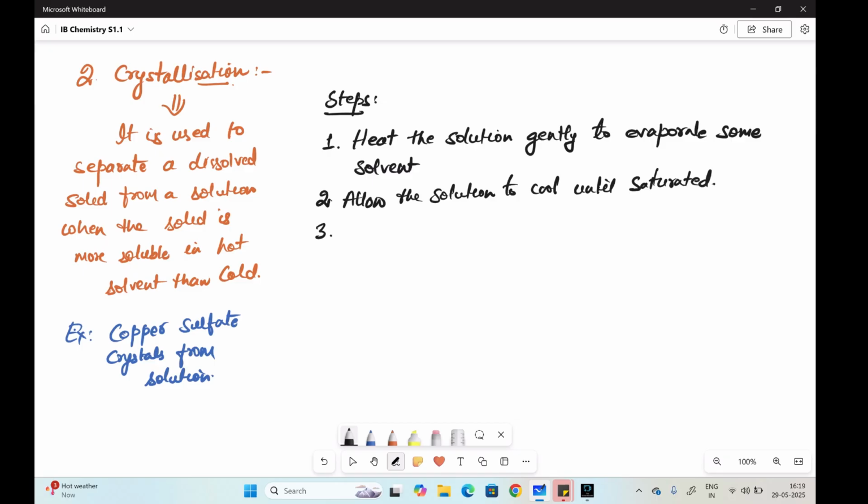Next, test saturation by using a cold glass rod, right? Then you have to leave the saturated solution to slowly cool down.